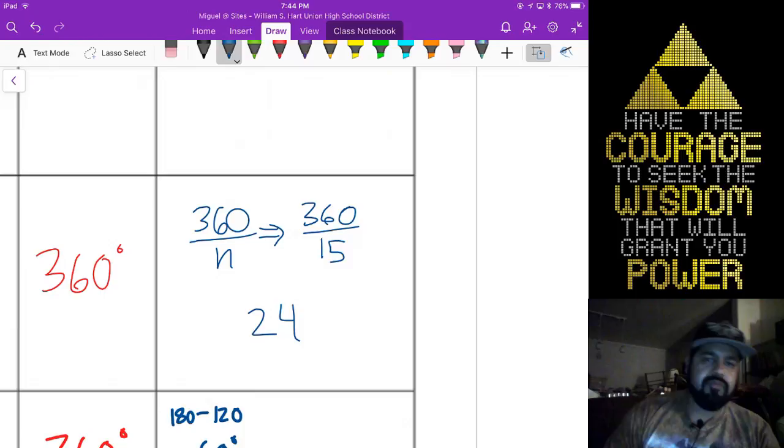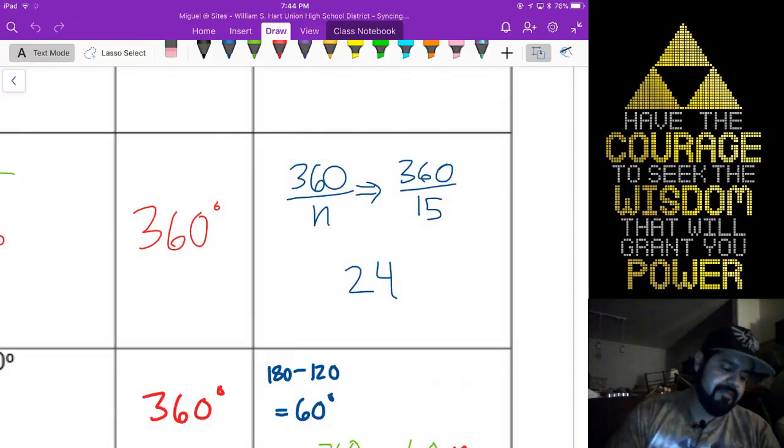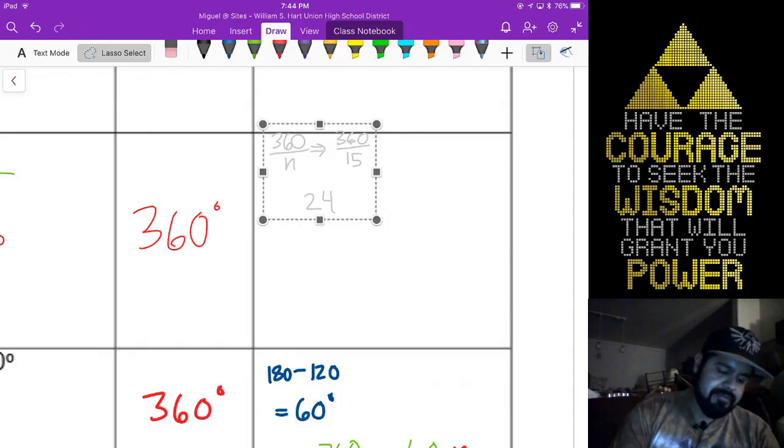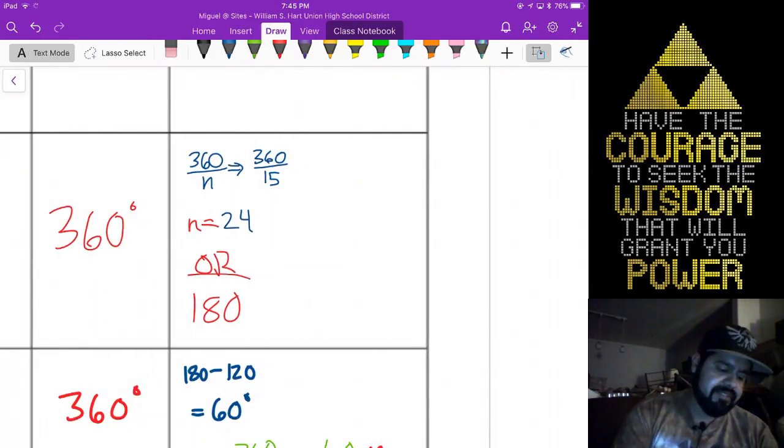And then I believe that's 24, but I could double check. Or wait, I believe our other method, and again I'm going to shrink this down, we could also say 180 minus the angle that we just calculated, which was the 156, which indeed also gets us 24.